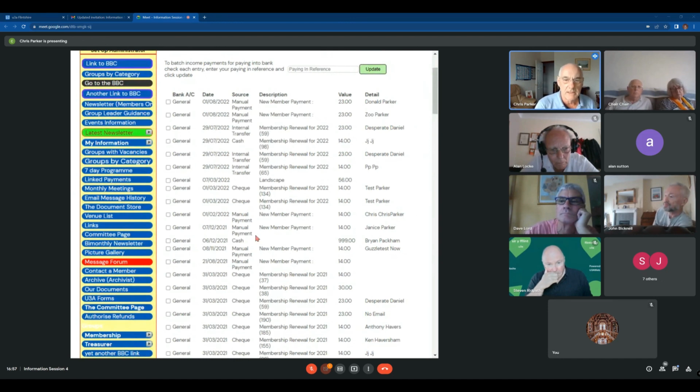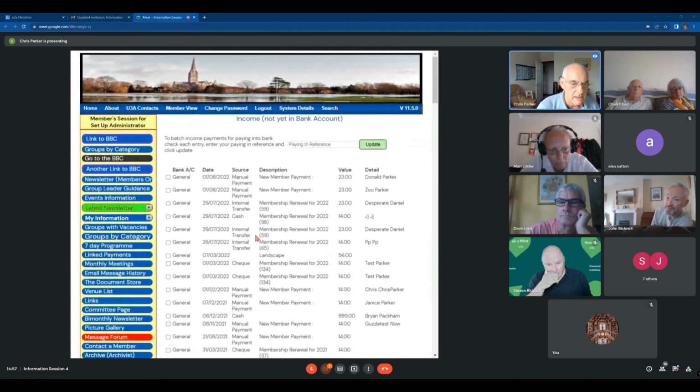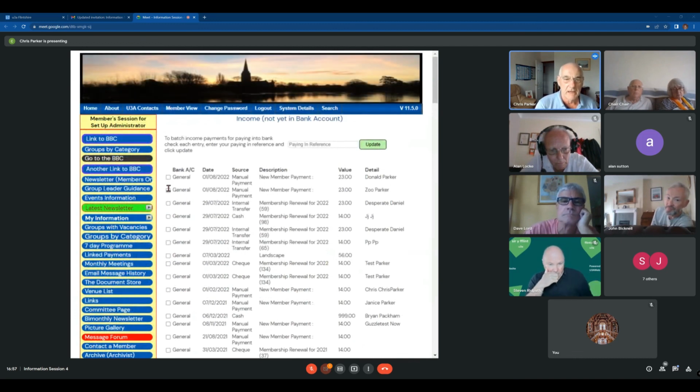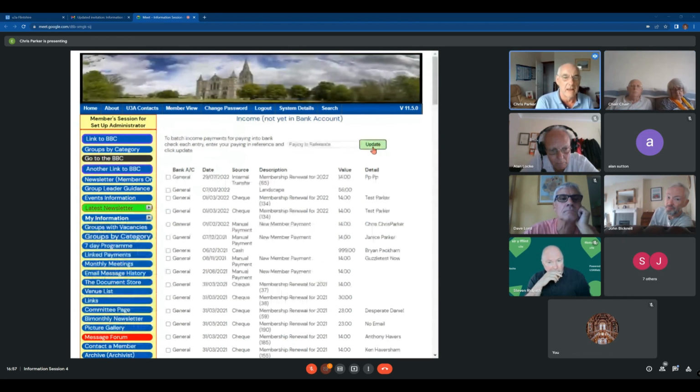They all go into here, so that when you make your payment into the bank, you say, right, I'm going to put a batch in, click the ones that you're going to pay in, and give it a number, and they now go into the bank. That's section 1. That's not what you're talking about, I guess.